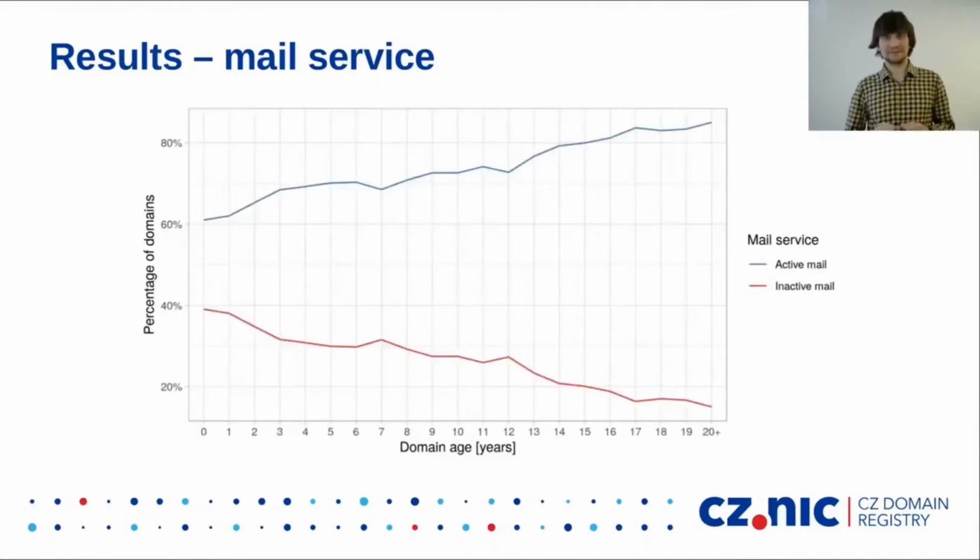And again, we did similar analysis of the correlation between domain name age and classification result. And here a similar trend can be observed, that older domains were more likely to have active mail.